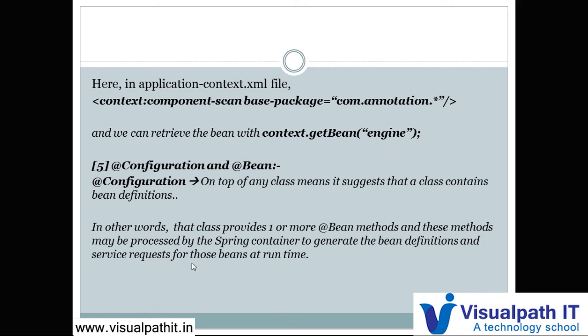Next is @Configuration and @Bean. @Configuration on top of any class means that the class contains bean definitions. In other words, the class provides one or more @Bean methods, and these methods may be processed by the Spring container to generate the bean definitions and service requests for those beans at runtime.